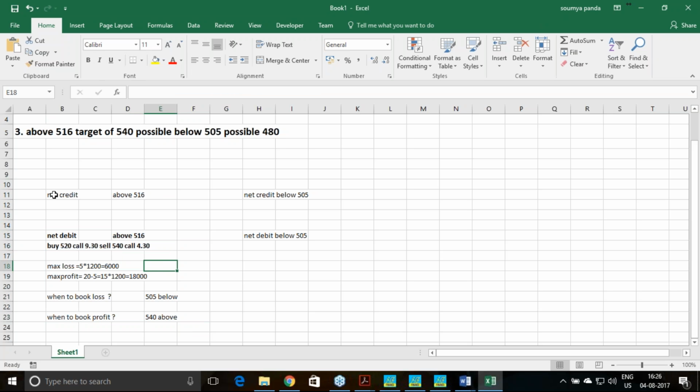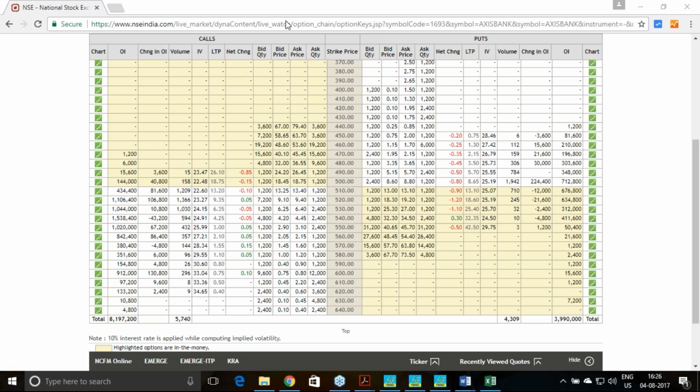What is the net credit? Anyone can tell me what net credit strategy I can form in an uptrend. I will show you these strikes also.